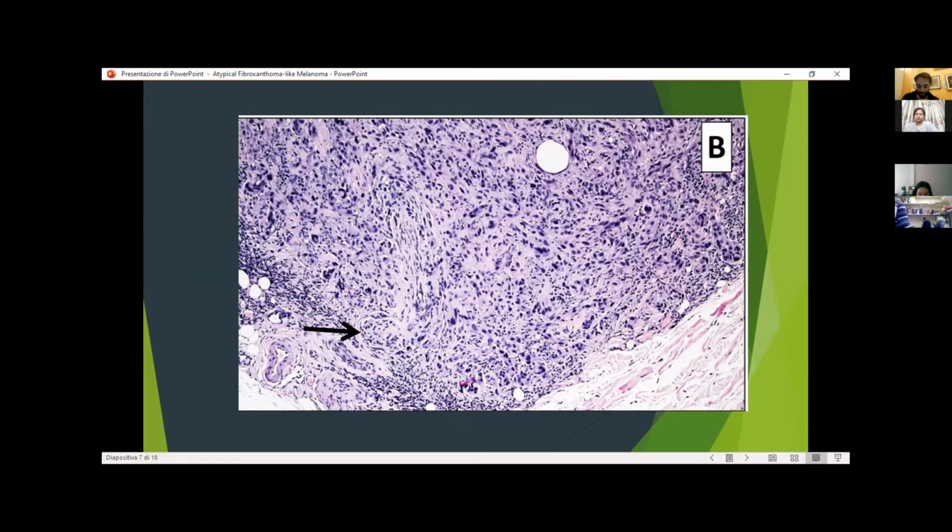However, some immunohistochemical tests were carried out in order to confirm this clinical and pathological diagnosis. The tests were negative for CD10, which is positive in many atypical fibroxanthomas, together with vimentin, CD68, CD34, and CD31.